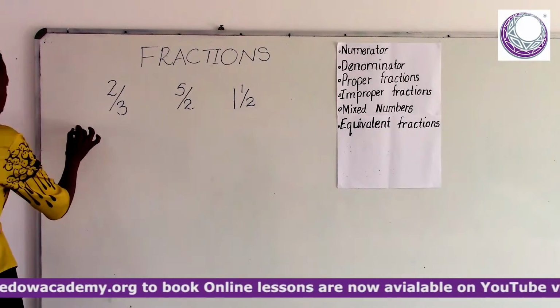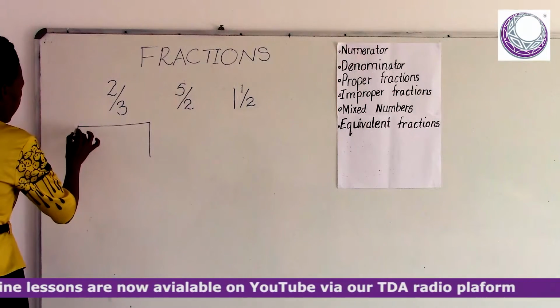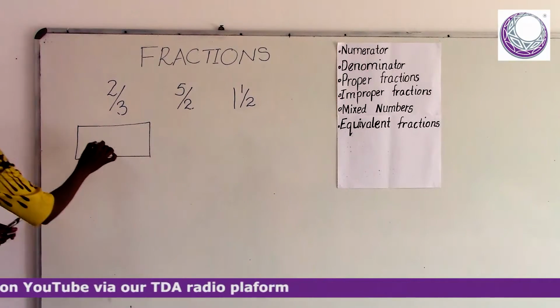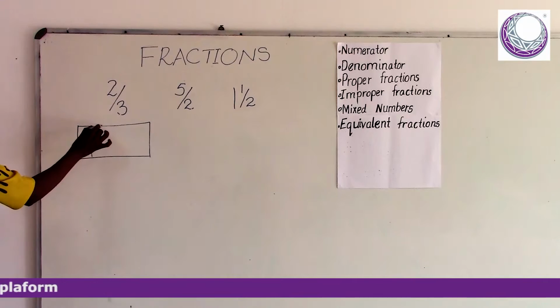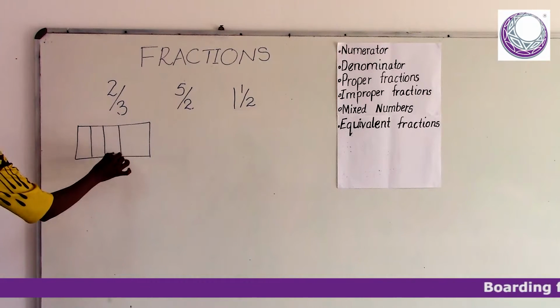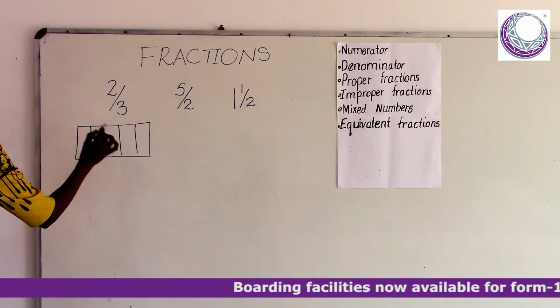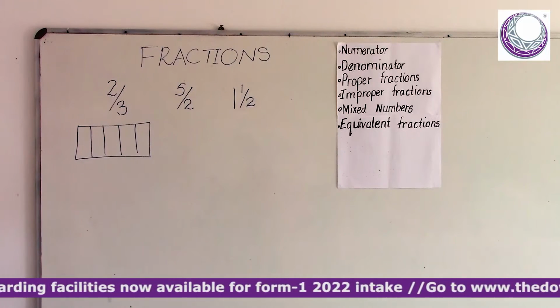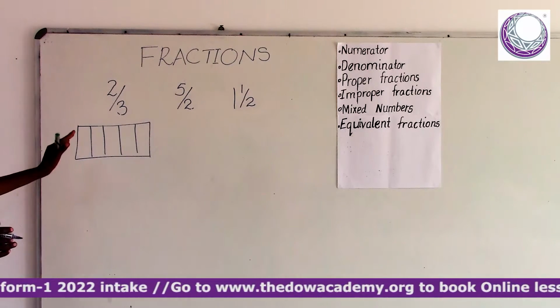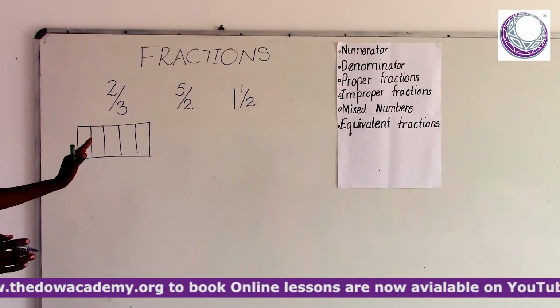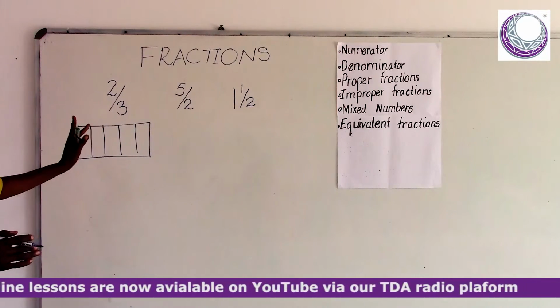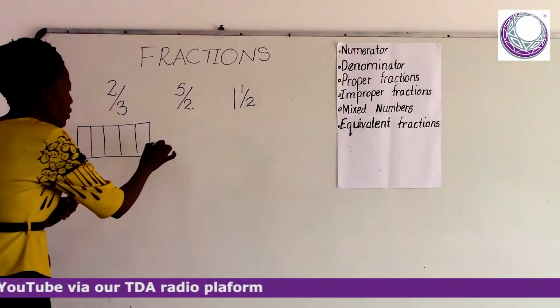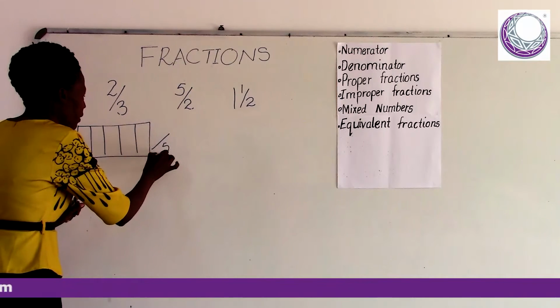Let us consider this rectangle. I may draw my rectangle this way. I may choose to divide it into 5 parts. Yes. These 5 parts, they represent the denominator. So whatever I'm going to shade here is going to be out of 5.